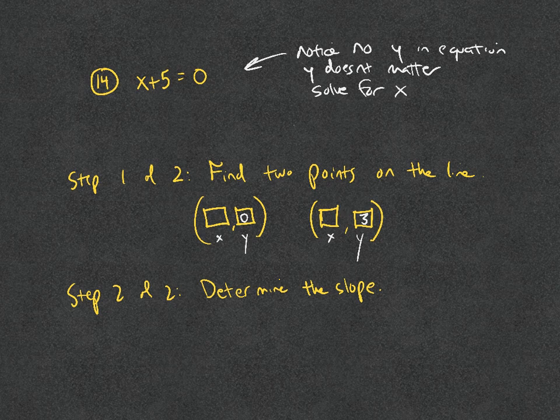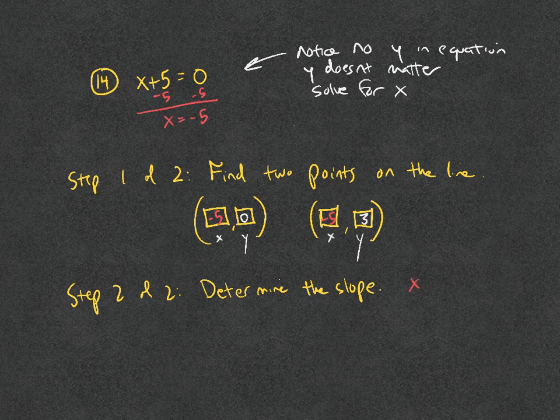In this case, getting x by itself means we're going to subtract 5, and we get x equals -5. So once we've done that, our x's are just going to be -5 and -5. Y doesn't matter, so we just put in 0 and 3, 4 and 7, whatever you want to put in for those y values. And then determine the slope.